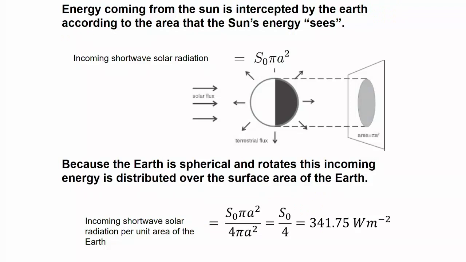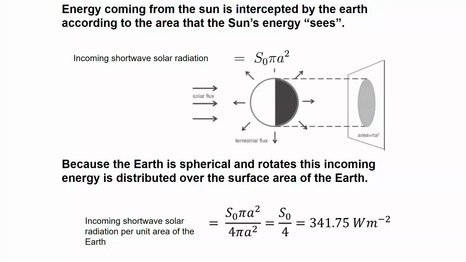And the next thing is that energy is spread out over the surface of the Earth. So the amount of energy we get from the sun is that which is intercepted by the Earth, which is effectively the area of the Earth's shadow. In this case, A is the radius of the Earth, because we've already used R for the radius of the Earth's orbit.